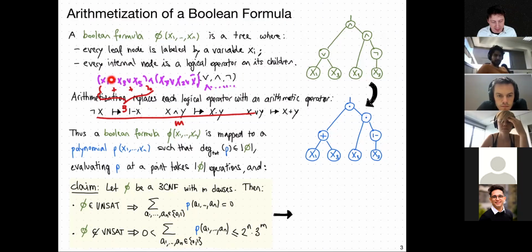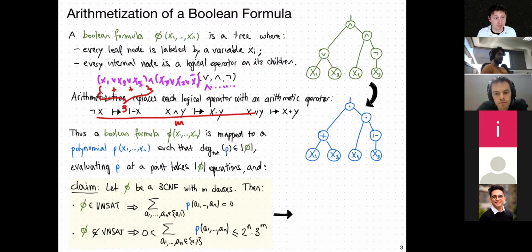Now, if these are satisfied, it means that at least one of these literals, negated or not, ends up being 1, right? So you will have something plus something plus something, at least one of which is 1. And all the others are, in the worst case, 0, right? So this clause will evaluate to an integer that is greater than 0.